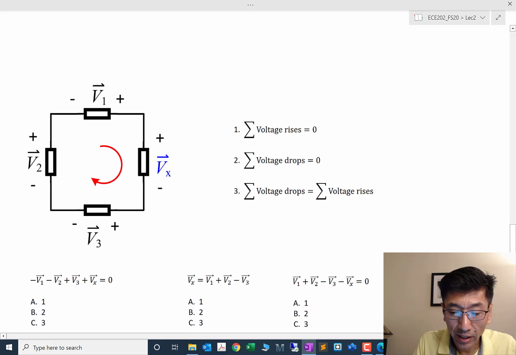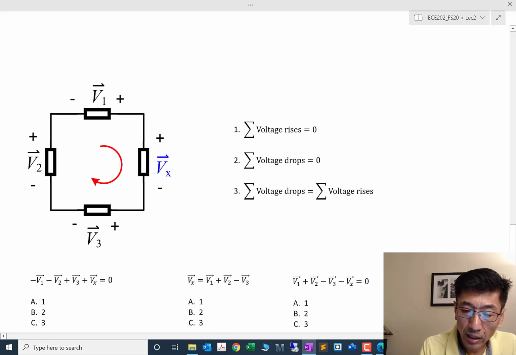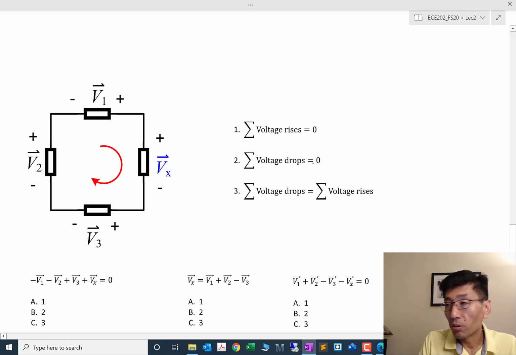Okay, so with that, I hope we can explain the KVL. The KVL also has three flavors. They are essentially the same, just like KCL, right? We can count the voltage rises and they sum to 0, or the voltage drops sum to 0, or the sum of voltage drops equals the sum of voltage rises.